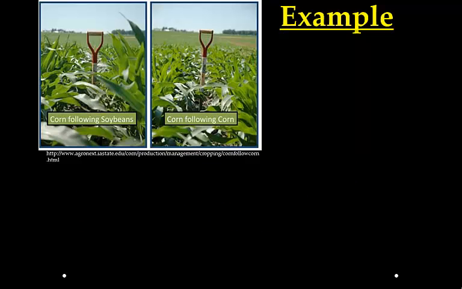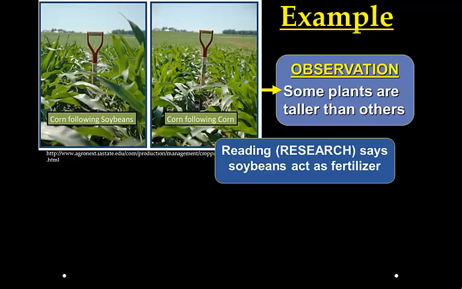For example, when examining the corn plants shown in the picture to the left, you notice that the plants grown after a soybean crop are taller than the plants grown after a crop of corn. Why? After doing some research, you learn that the soybeans act like a fertilizer.